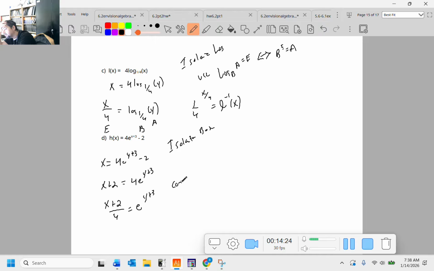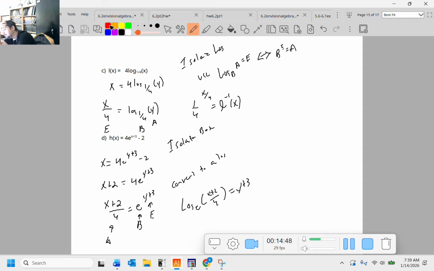And now we'll convert to a log. And you have to convert to a log because that's how you solve for y. But just identify your pieces. Base. Bases have exponents, therefore all of this is my argument. So I have a log whose base is e. Its argument is (x plus 2) over 4. And it equals y plus 3.